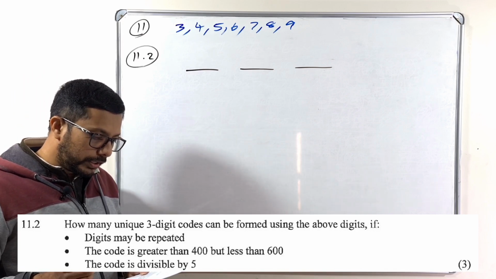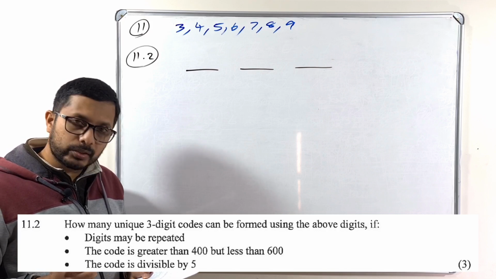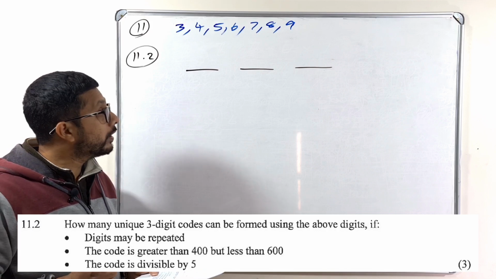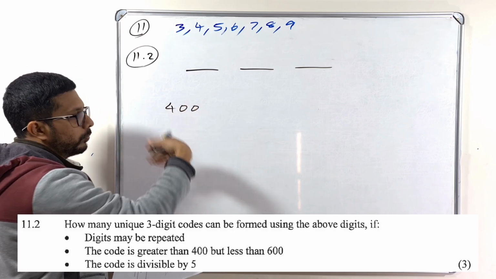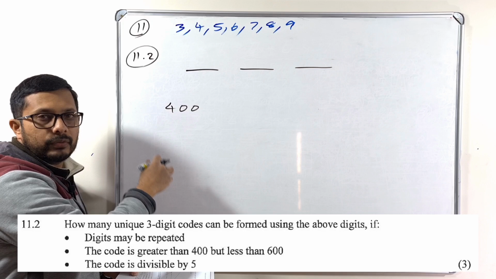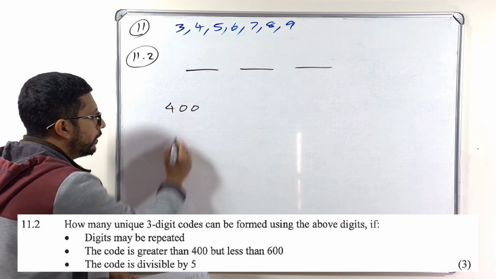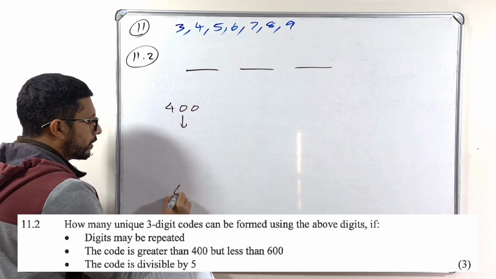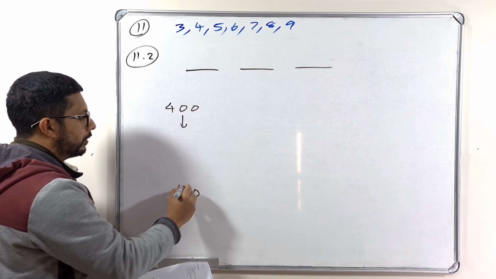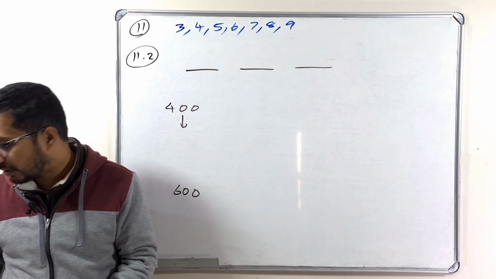The code is greater than 400 but less than 600. This 3-digit code must be greater than 400. Greater than 400 means 401, 402 like that. What is the meaning of that, guys?